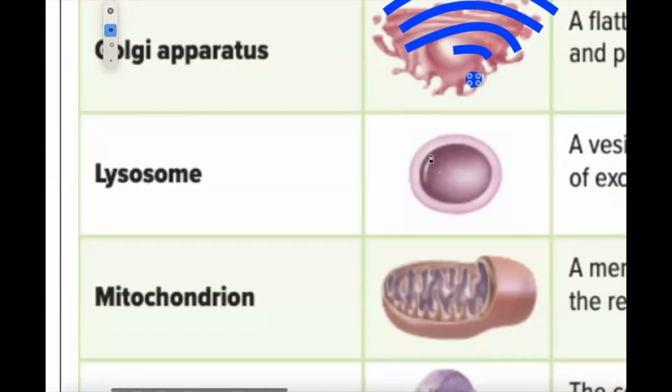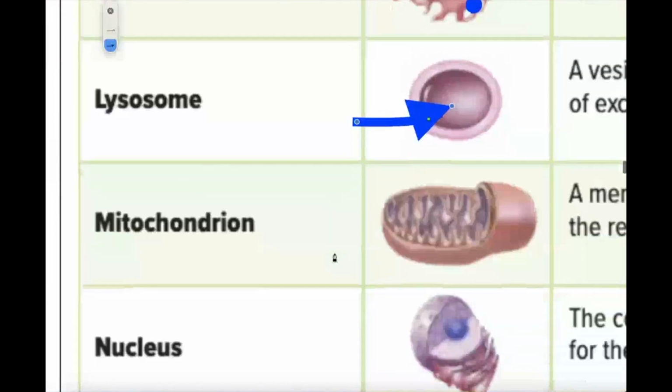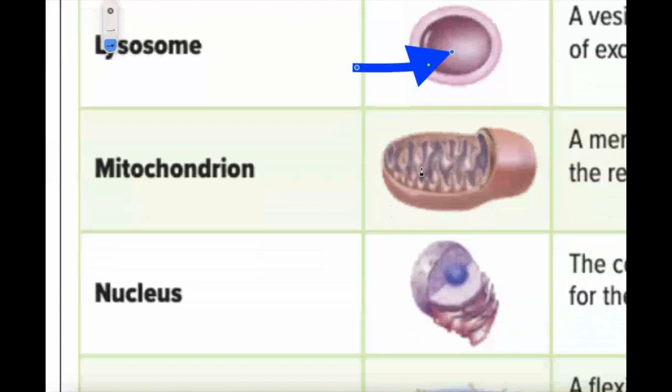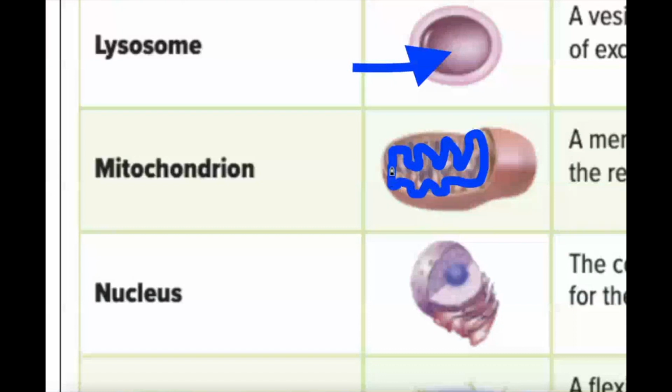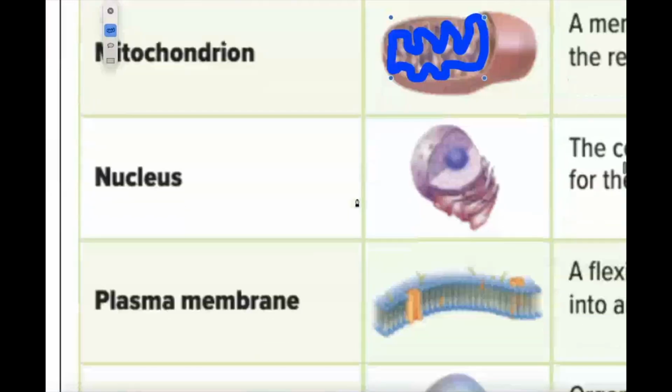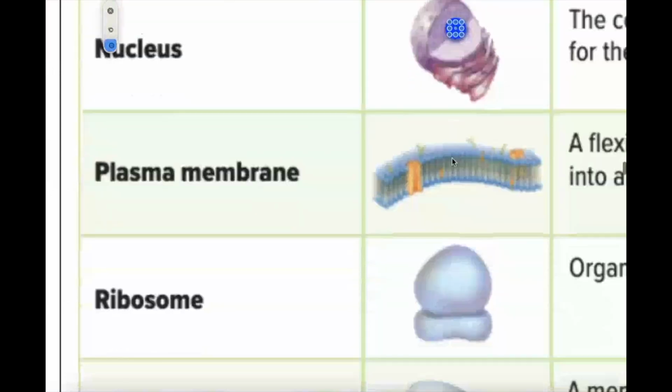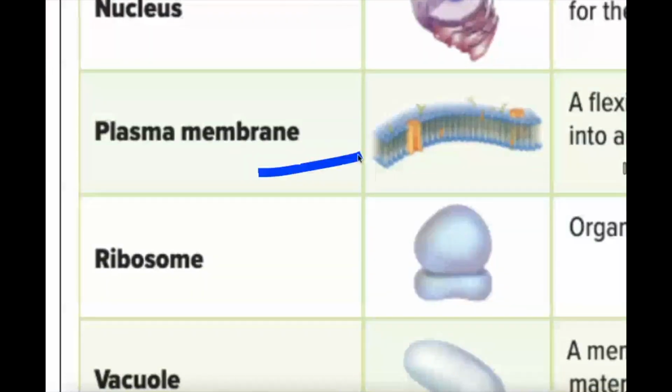Lysosomes are vesicles, filled with enzymes which break down and digest dead organelles. Mitochondria have projections like this inside. The difference between the mitochondria and chloroplast is mainly this one. Nucleus, the brain of the cell, and this area inside is the nucleolus, which produces ribosomes.